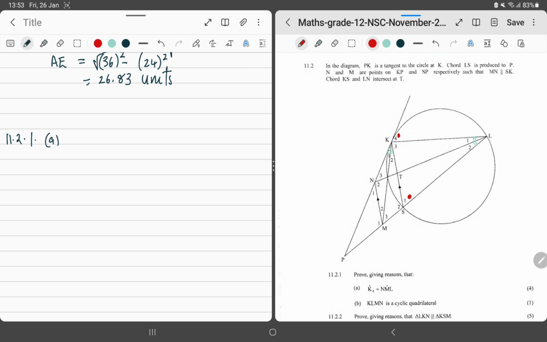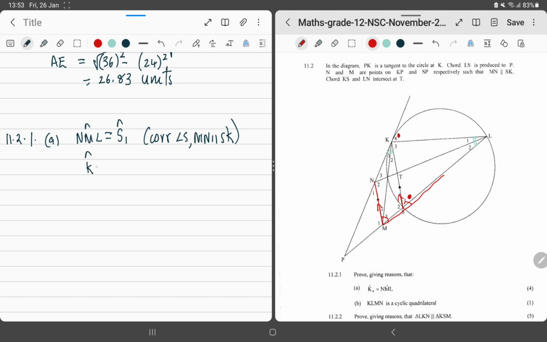Okay, so we have parallel lines here. So we have an F. This angle should be equal to that. So NML is equal to S1. And this is because of corresponding angles, given that MN is parallel to SK.